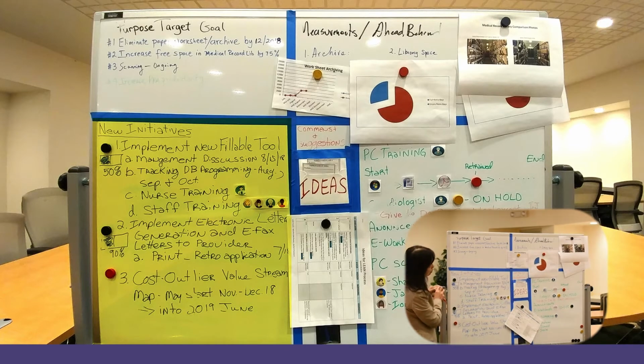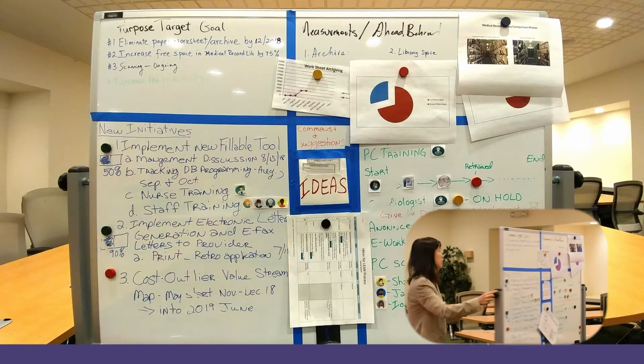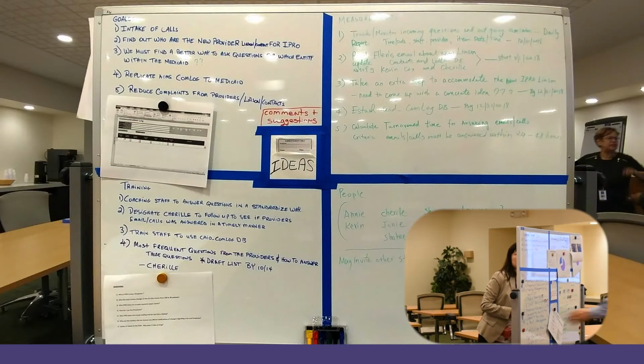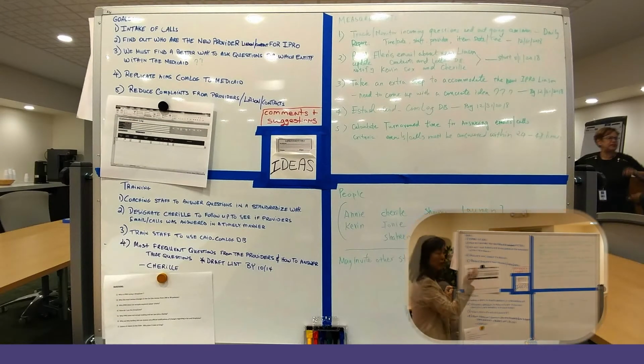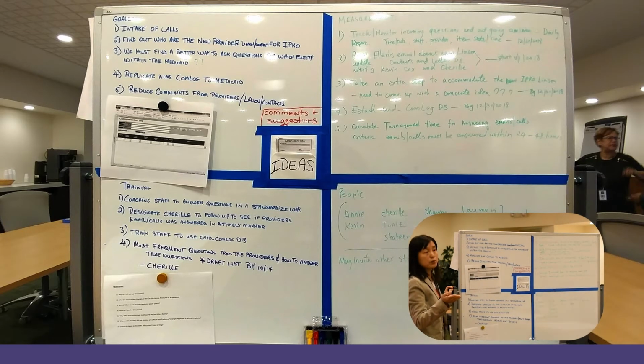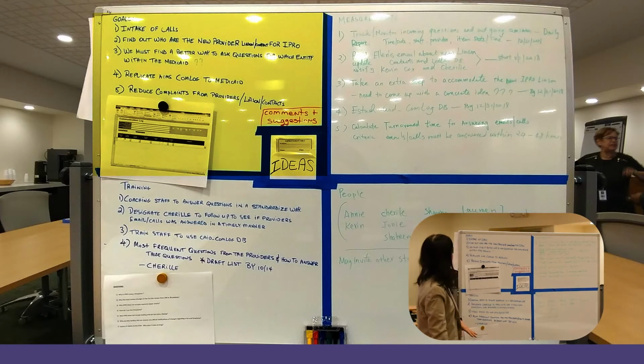And because we're implementing new processes, we come up with a second board, which is in the back. I think Julie helped us do a collaborator survey, sent it to our providers, and we got some comments back. And this part is addressing the comments.